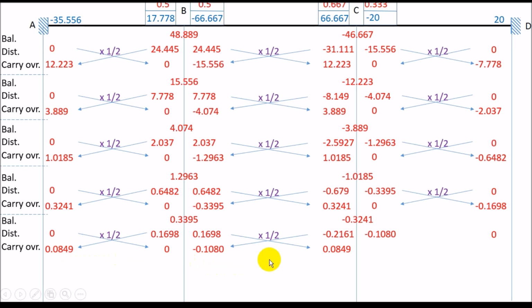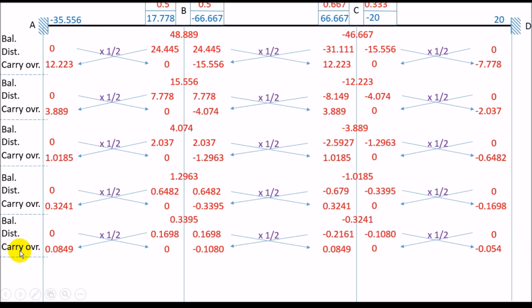It's a very small value. 0.1 is not so small, but it's okay if we keep it as 0.108, but you can see most of the values are getting lesser than 0.08. So 5 iterations are enough, but the thing is that you cannot end it over the carryover step.